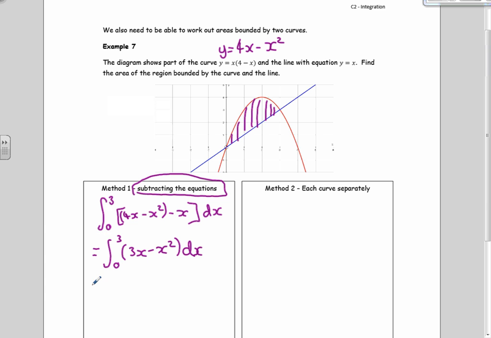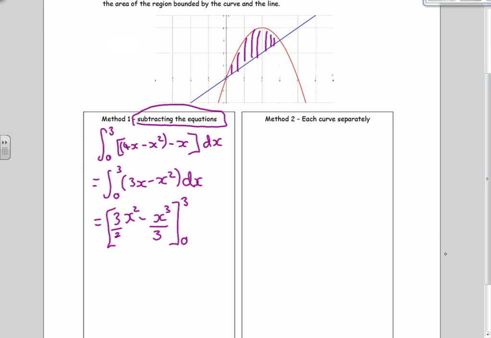When I integrate that, if I add 1 to the power, that's x squared, and divide by the new power, that gives me 3 over 2 x squared, minus, add 1 to the power, x cubed, divide by the new power, so that gives me x cubed over 3, and I am evaluating that between 3 and 0.